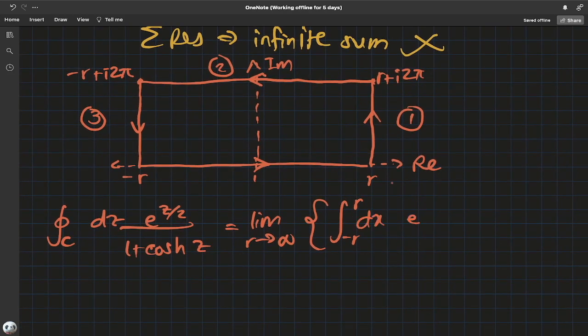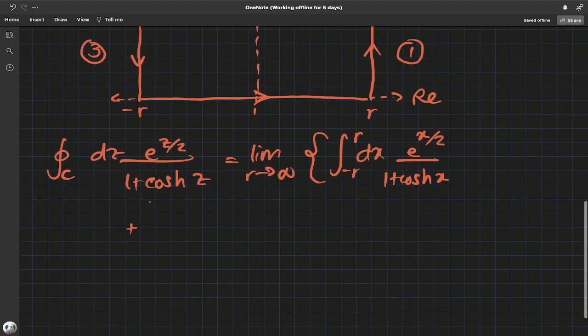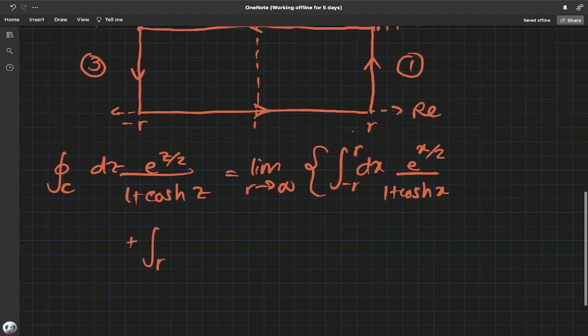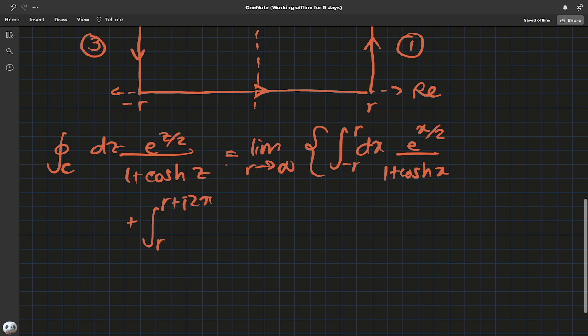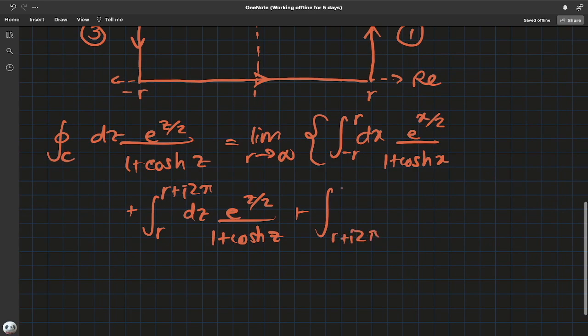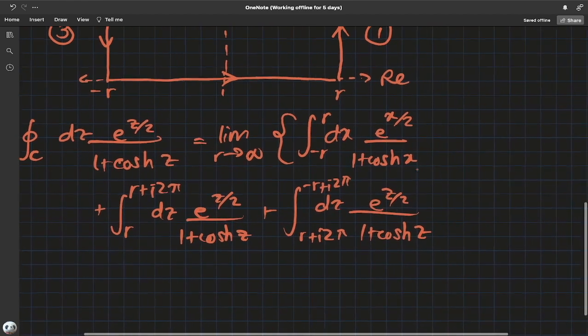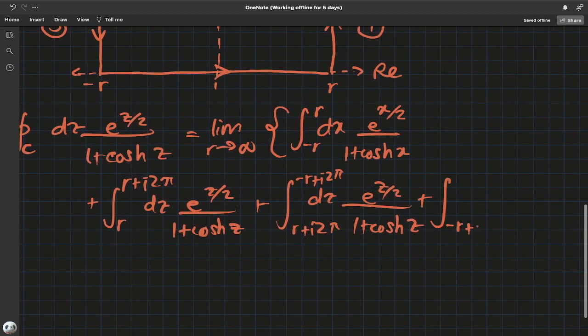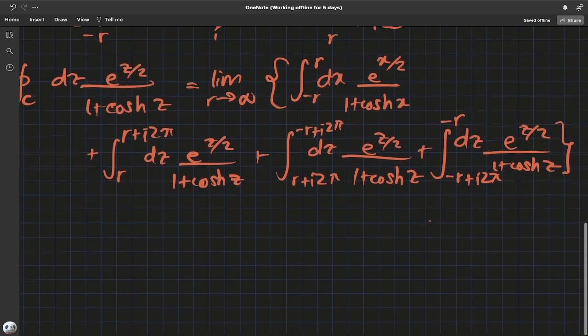Change all the z's to x for this integral, so we have cosh z in the denominator, plus the integral from r to r plus i 2 pi of dz e to the z over 2 over 1 plus cosh z. We need to parameterize all of these. Then from positive to negative, so r plus i 2 pi to negative r plus i 2 pi, dz e to the z over 2 over 1 plus cosh z, and then the last one, negative r plus i 2 pi to negative r, dz e to the z over 2 over 1 plus cosh z. I would like to close the curly bracket there.